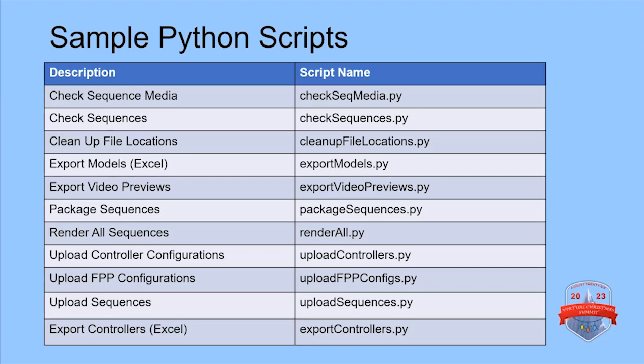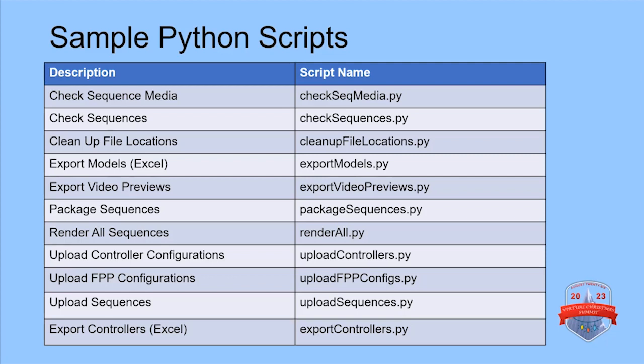Package sequences allows you to do the same thing. And then render all actually renders the sequence, opens it, renders it, saves it, and goes on to the next one, and so on and so forth. Upload controller configurations is kind of like the bulk controller upload.